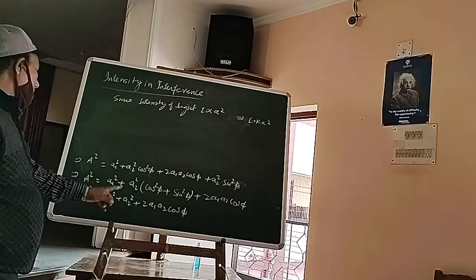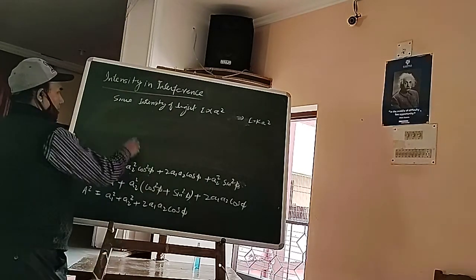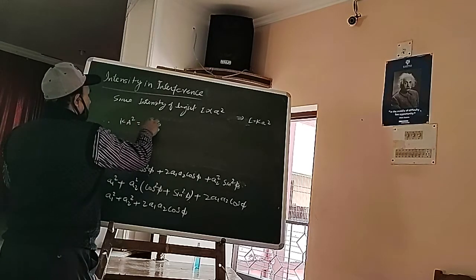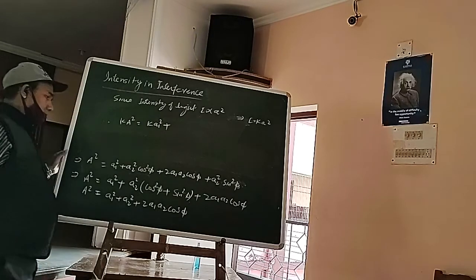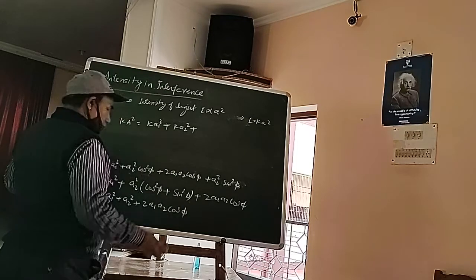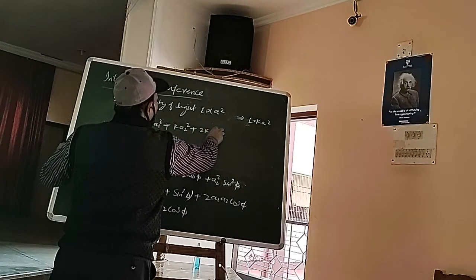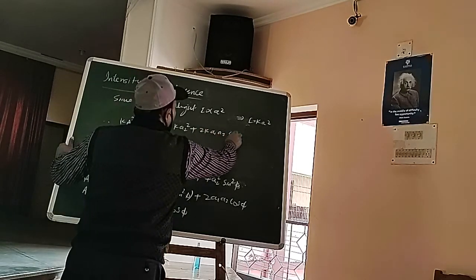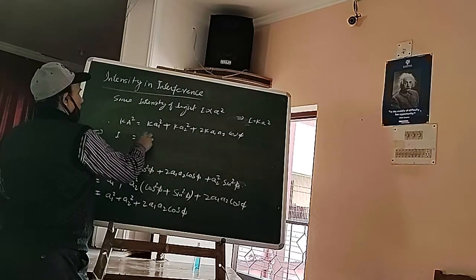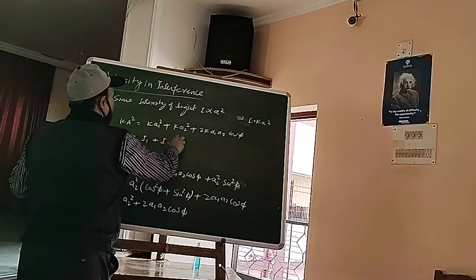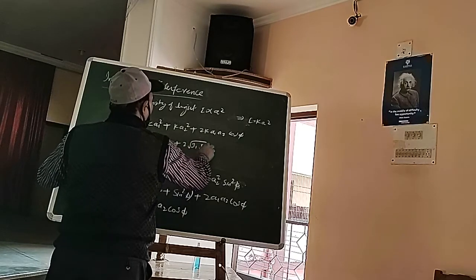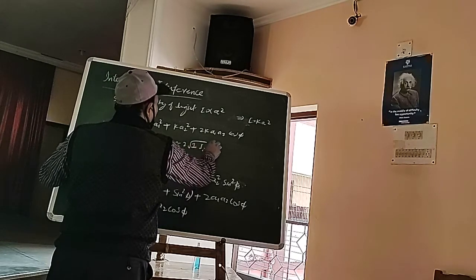Multiplying both sides by K, K A square is equal to K a1 square plus K a2 square plus 2K a1 a2 cos phi, and this implies I is equal to I1 plus I2 plus 2 root (I1 I2) cos phi.